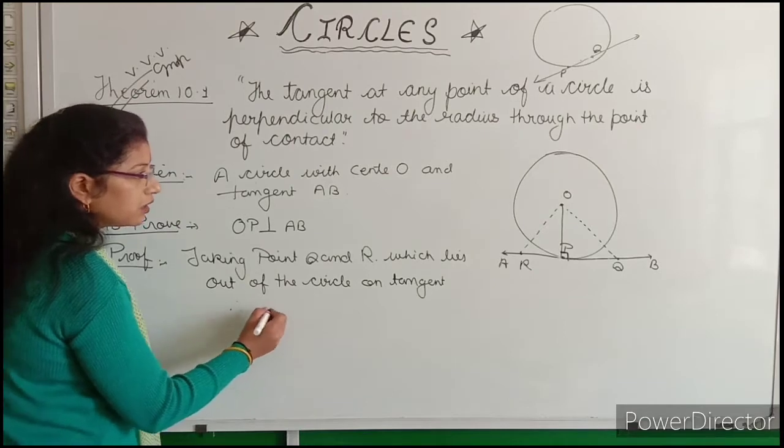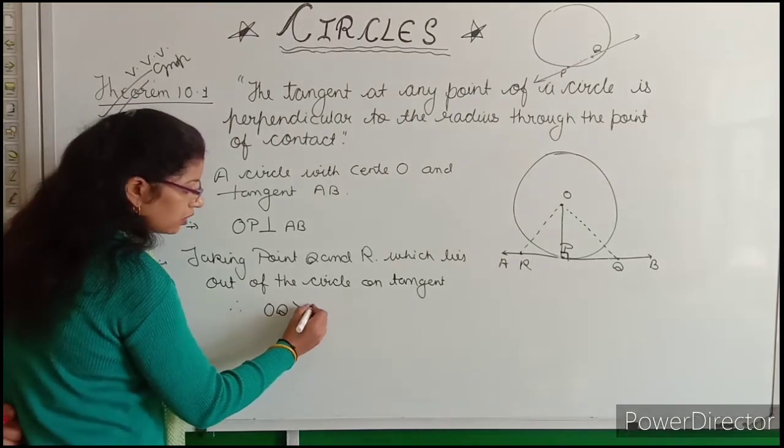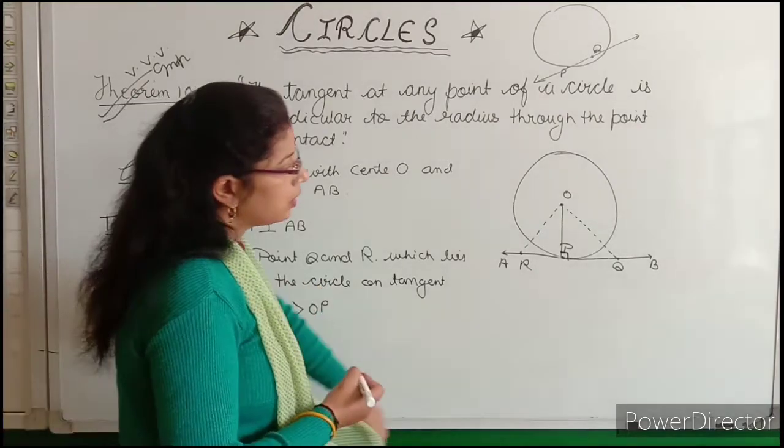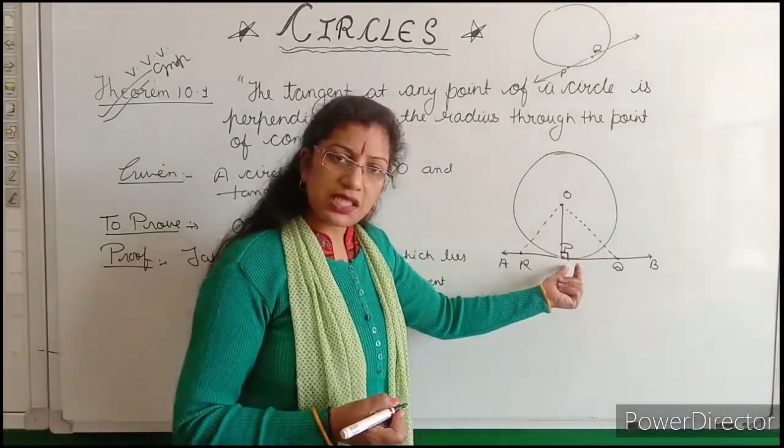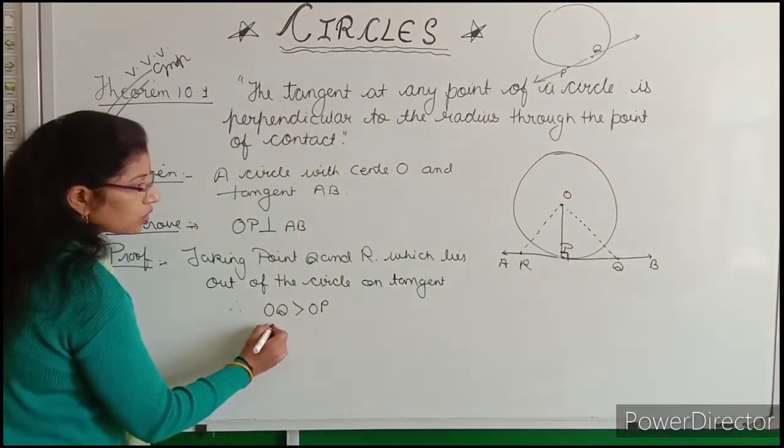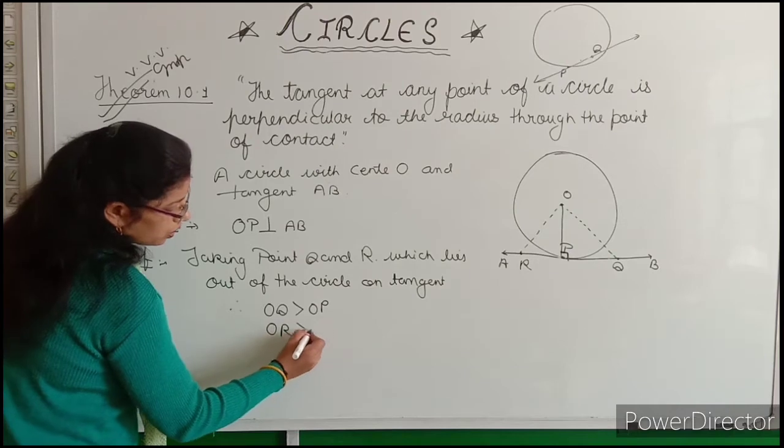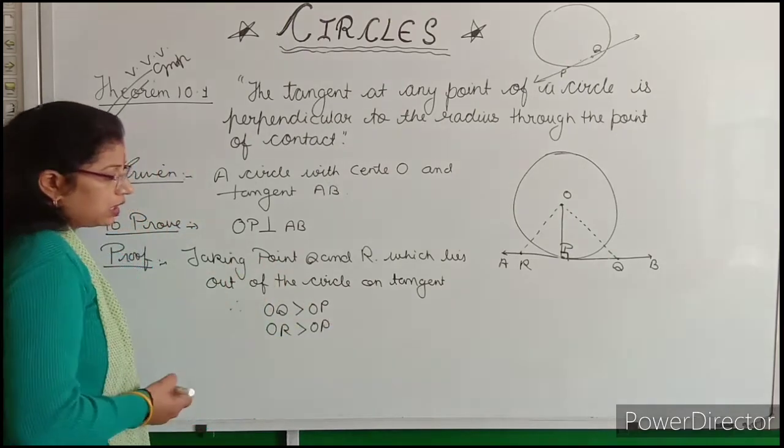Therefore we can write OQ is greater than OP. अगर ये बाहर है तो this line will be longer than this line, and OR is also greater than OP. ठीक है?